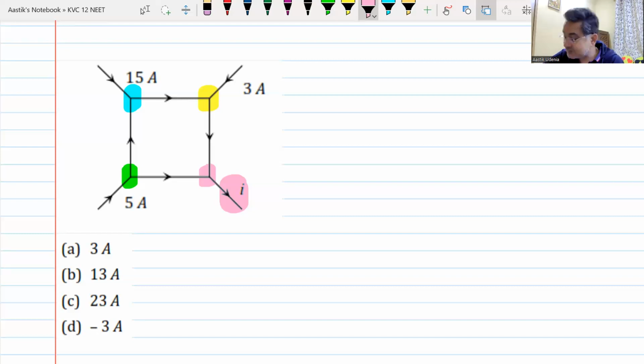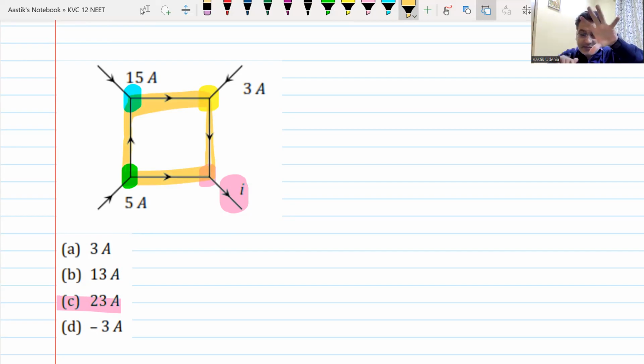The answer is 23 and the logic is correct, but you have to understand that whatever current is coming into this entire thing cannot get lost. Instead of one junction, there are four junctions here. Doesn't matter. Whatever is coming into the entirety of this circuit cannot get lost. It has to go somewhere.